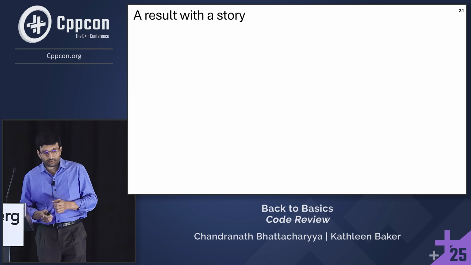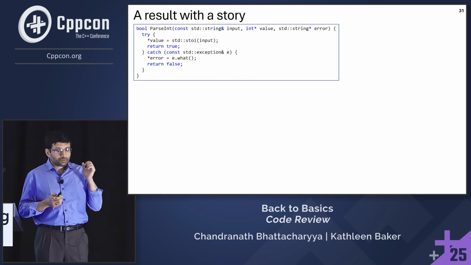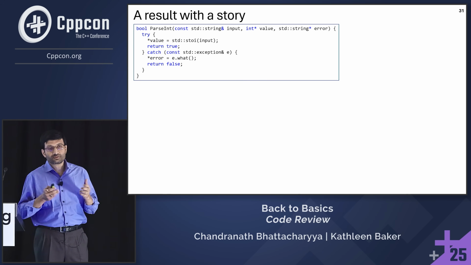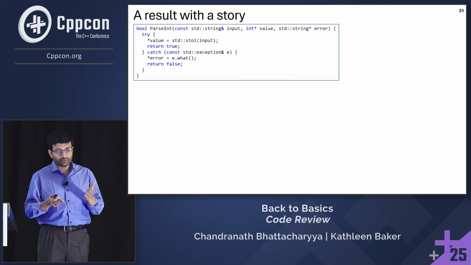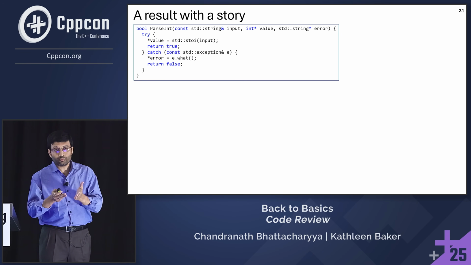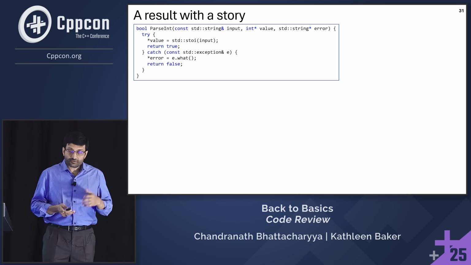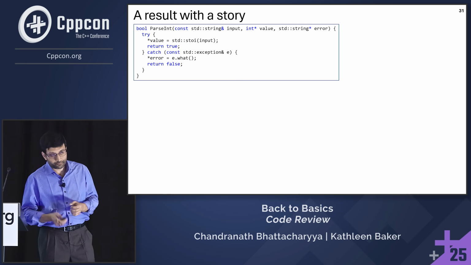Let's move on to the next scenario, a result with a status. Okay, this is a little big function. Let me explain. So, parseInt, it takes a string as an argument, and then it tries to parse it with stoi. If it is able to parse it, it just returns true, and then sets the second argument, which is value, to the parsed integer. If it is not able to parse it, then it returns false, and then sets the third argument, error, to the error string.